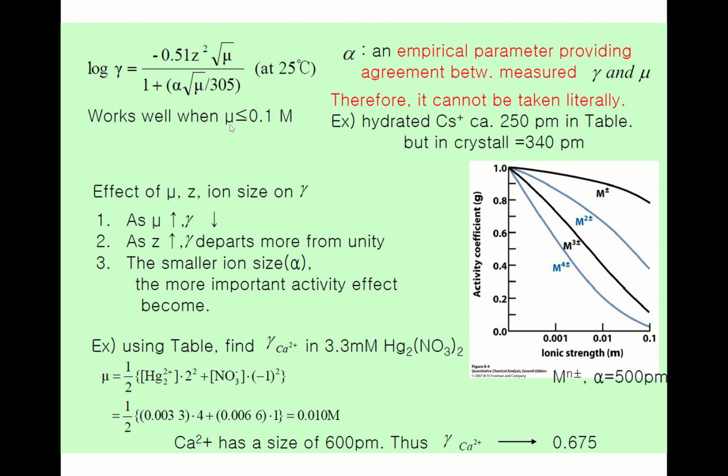Here once again, take a look at this equation. The alpha, as I said, is the effective hydrated ion size, in picometers. This equation, however, works well when ionic strength is smaller than 0.1 molar.